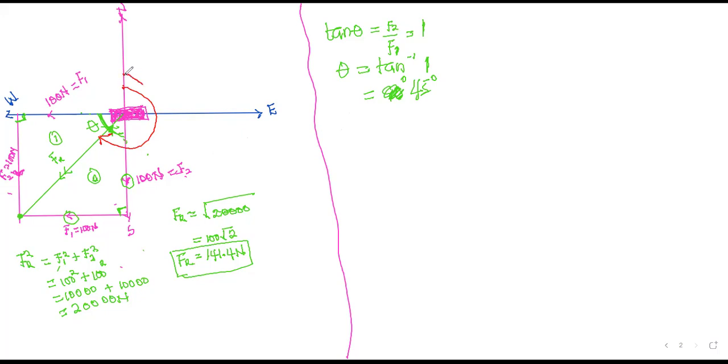If I want to follow convention, then the direction of the resultant will be 180, because from the north to the south, this is 180 degrees. So 180 plus 45 must give me the direction when I pick it from the north. And what is 180 plus 45? This is 225, right?